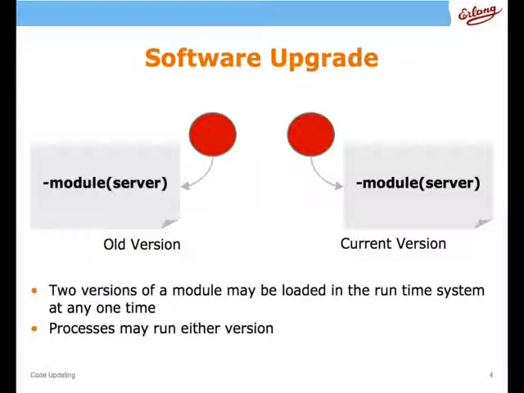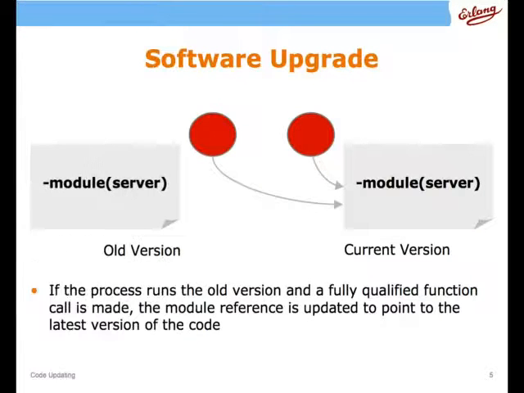So two versions of a module can be loaded in the runtime system at any one time. We've seen that, either the grey or the pink or the green. And a process can run either version. It's possible for one process to be running the old version and for another to be running the current. If the process running the old version makes a fully qualified function call to code in the module that's been upgraded, the module reference will be updated to point to the latest version.